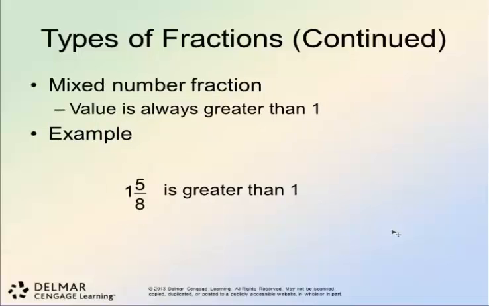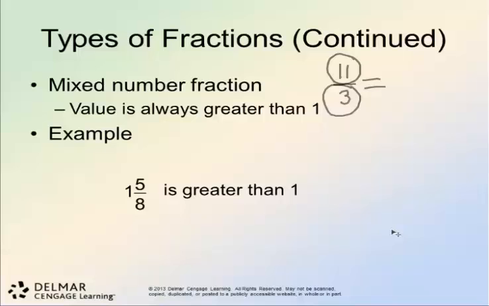So for example, if I did have 11/3 as a fraction, that is an improper fraction because 11 is greater than or equal to 3. So we're going to convert that to a mixed number. And the way we're going to do that is we're going to see how many whole times 3 goes into 11.